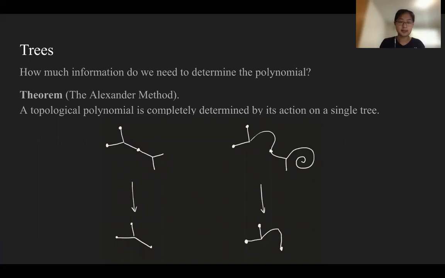So the Alexander method tells us that, in fact, there's not too much information involved. A topological polynomial is completely determined by its actions on a single tree. So what does that really mean? So loosely, we can look at the picture and see what's going on here. On the bottom left corner, we see this little tripod, and this is the tree associated to the rabbit polynomial.